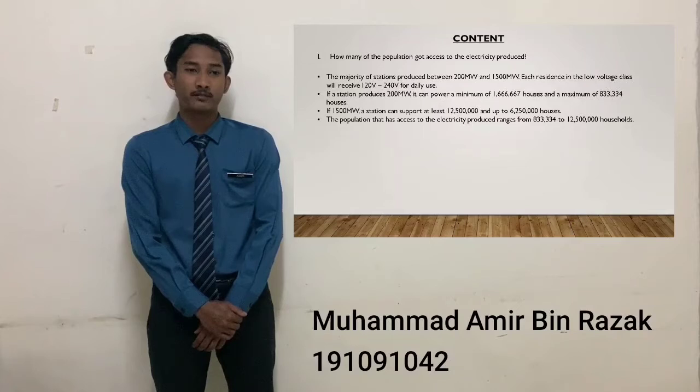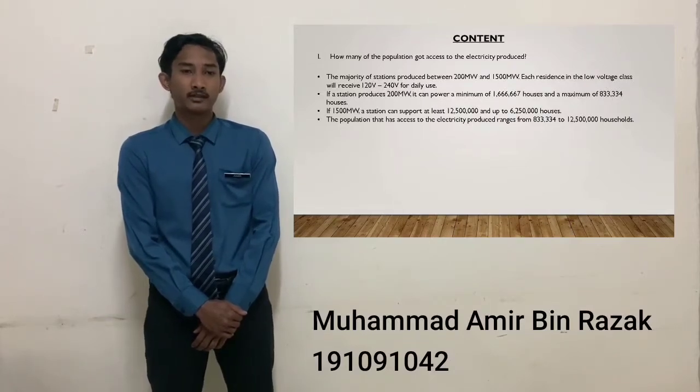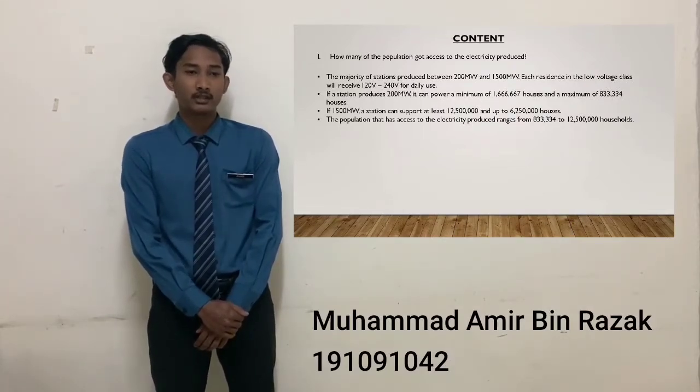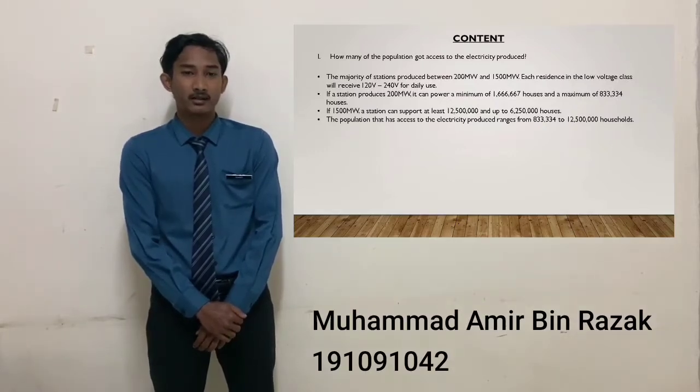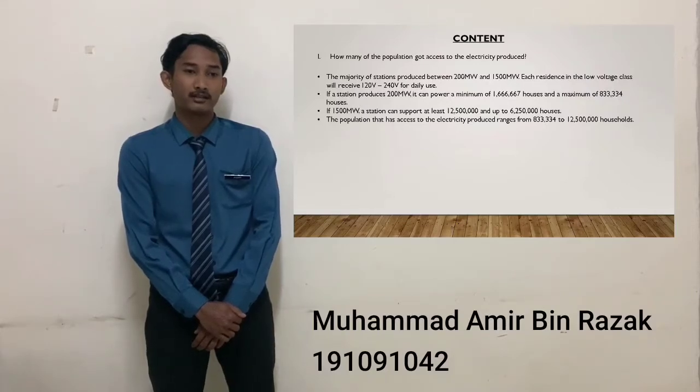Thank you, Muhammad Zaini. I want to present about the content. How many of the population got access to the electricity produced? The majority of stations produce between 200 megawatts and 1500 megawatts. Each resident in the low voltage class will receive 120 volts to 240 volts for daily use.